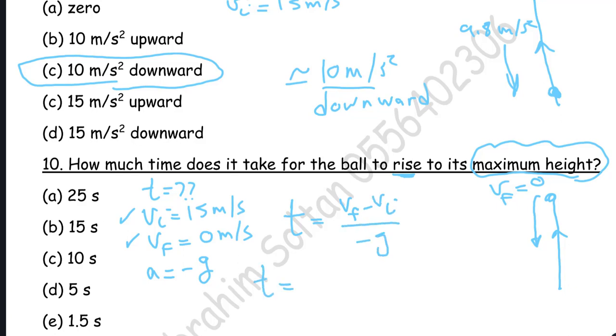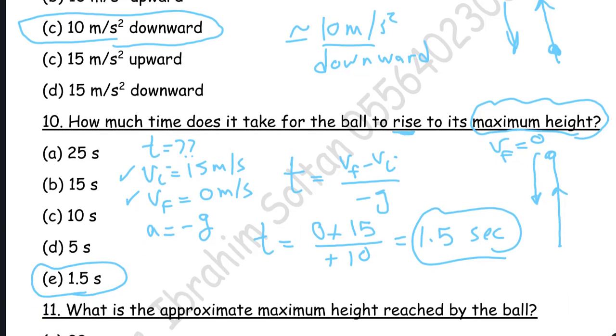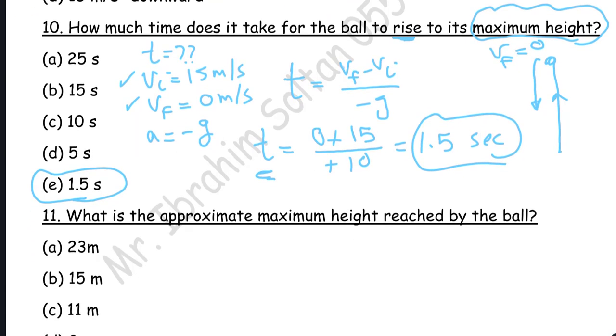So t equals v final 0 minus v initial 15 over negative 10, approximately. Negative goes with negative, so the time is 1.5 seconds. Do we have this answer? Yes, the last one. Always the time is positive, guys. Don't forget that.